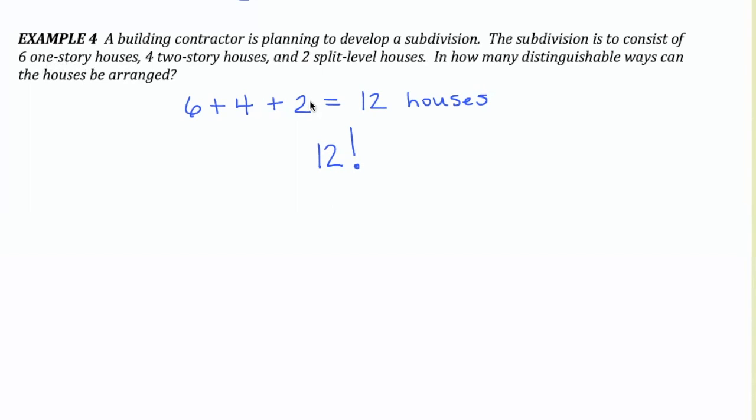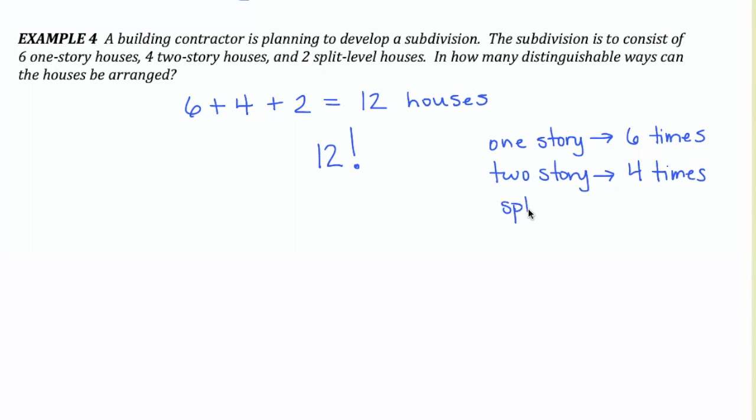So if there are 6 one-story houses, one story is one type of house that's going to repeat, and it's going to happen 6 times. Two-story houses, there will be more than one of those, and we're told that's going to happen 4 times. And then we have split-level houses, and there will be 2 of those.